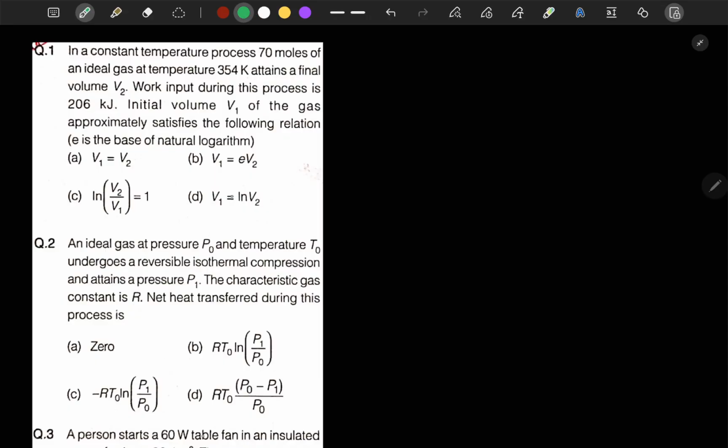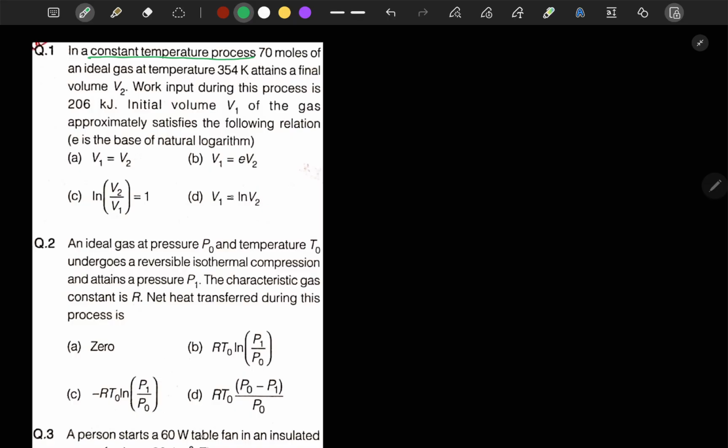Question number 1 is: in a constant temperature process, 70 moles of an ideal gas at temperature 354 Kelvin attains a final volume V2. Work input during the process is given; the initial volume of the gas approximately satisfies which of the following relations?